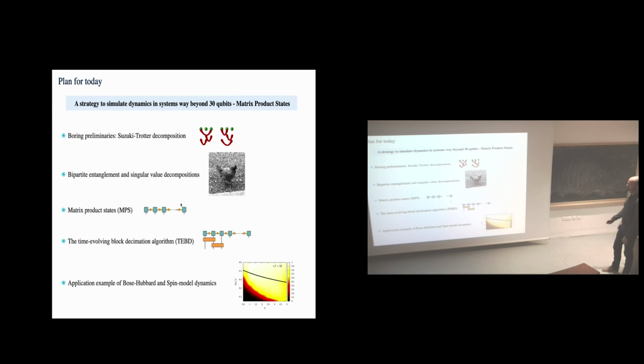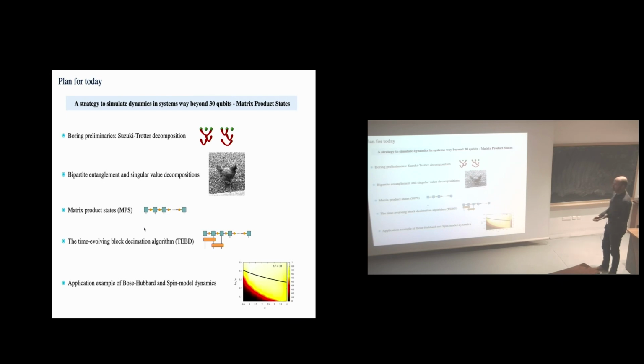Then I want to introduce matrix product states. You hear words like DMRG; DMRG is an algorithm that makes use of matrix product states. There are many different algorithms that you can write down to evolve or manipulate matrix product states in some particular way.